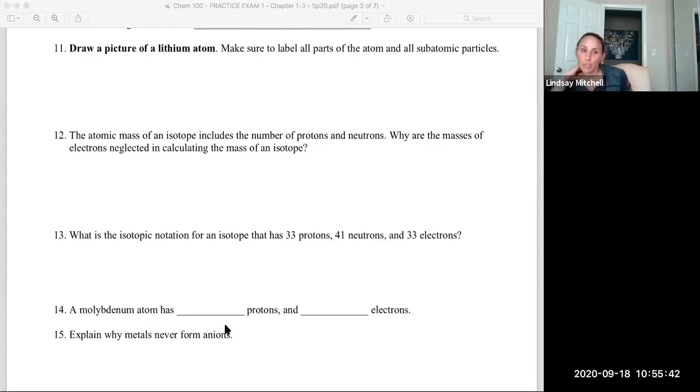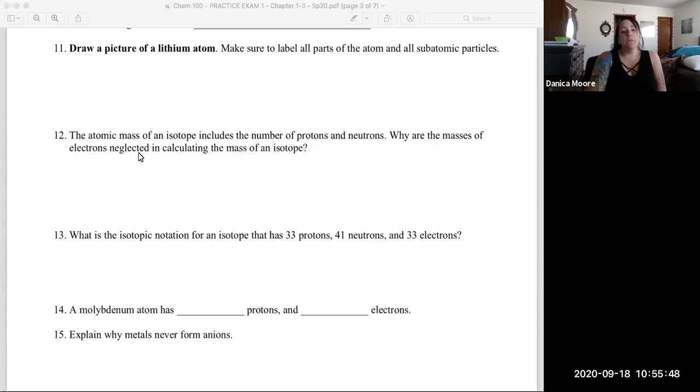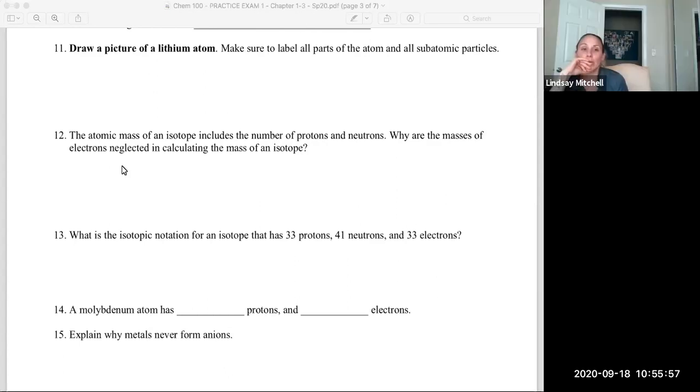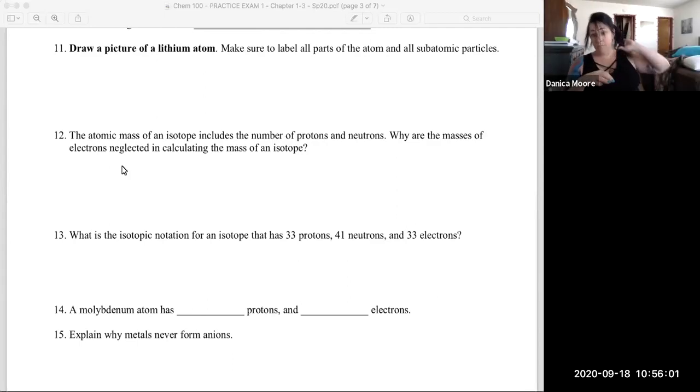So what about number 12, the one right above it? It says, why are the masses of electrons neglected? We don't really talk about that too much, but the mass of the electron is about 1,000 times less than that of the protons and the neutrons. Protons and neutrons are almost exactly the same weight. I think I'll get them wrong if I try to do it off the top of my head, but they're like 1.6 times 10 to the negative 27 or something like that.